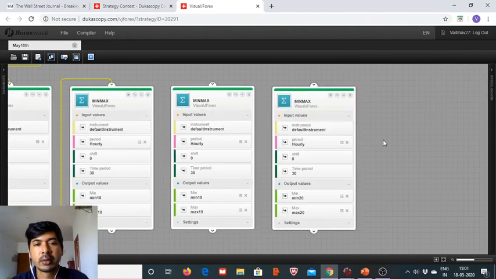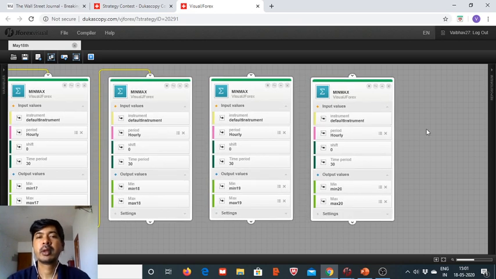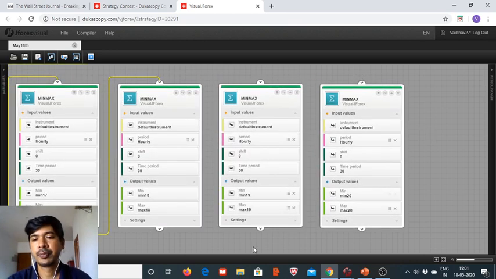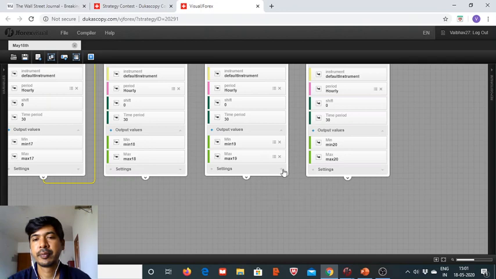Okay, and first thing we make it bid and the low price.